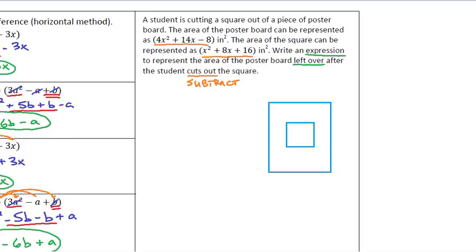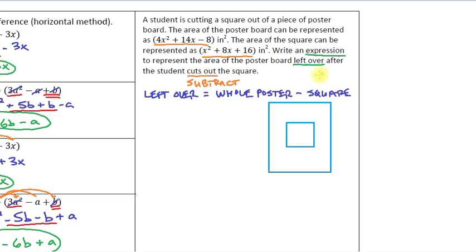So when you think about this problem, here's a good way to describe this. The leftover amount, the part that's left over, is equal to the whole poster minus the square.